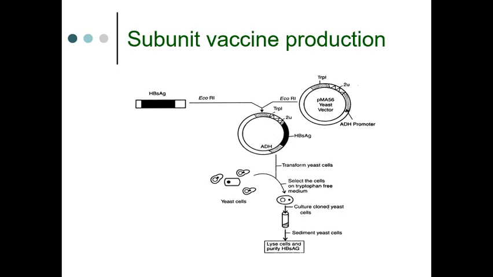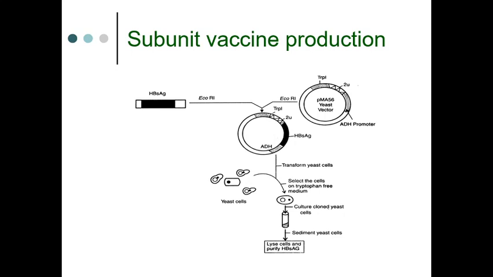The mutant yeast cells, which are tryptophan deficient, survive in the tryptophan deficient media because they are provided with tryptophan by the tryptophan gene present in the plasmid, which produces the tryptophan under the command of the alcohol dehydrogenase promoter.